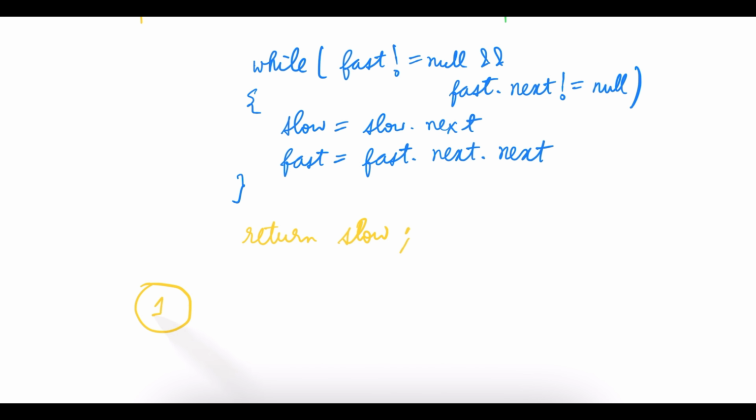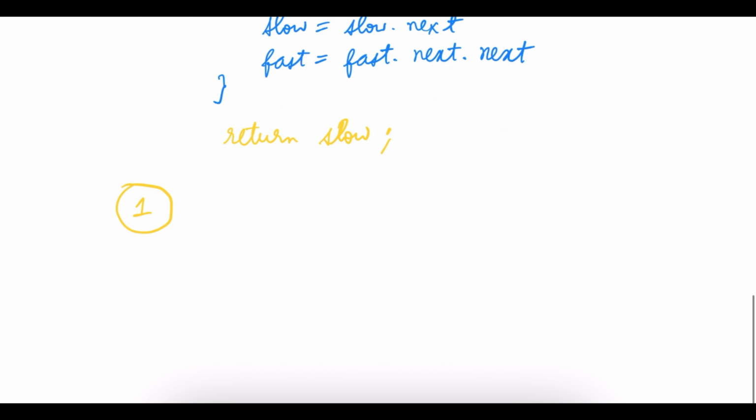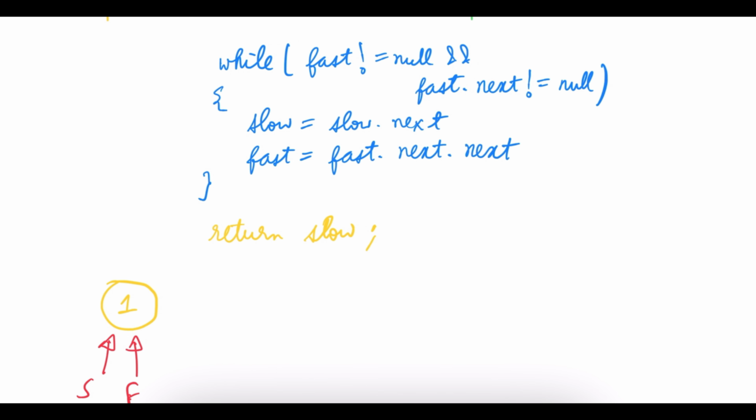Here slow would be this, fast would be this, and as we have checked that fast.next must not be null before we increment these two pointers, here fast.next is null and slow is 1. So in this case the middle node would be node 1.